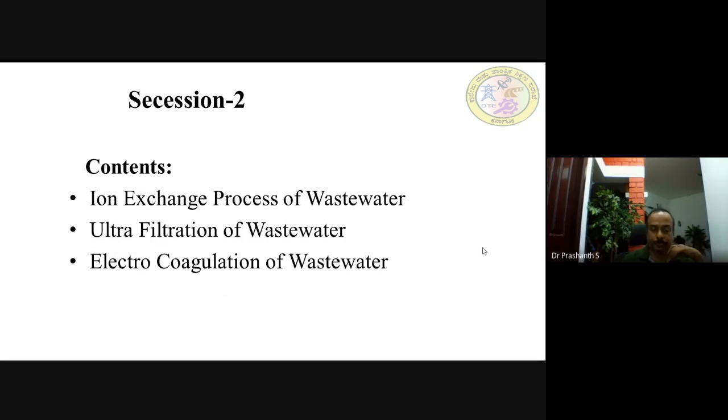As you know, to reuse the wastewater or use it further for industrial purposes, we have to remove some of the chemicals present in the wastewater, which are not generally removed in the normal treatment processes like primary treatment and secondary treatment. So we go for these types of advanced treatment. Let us see what exactly the ion exchange process is as far as wastewater is concerned.